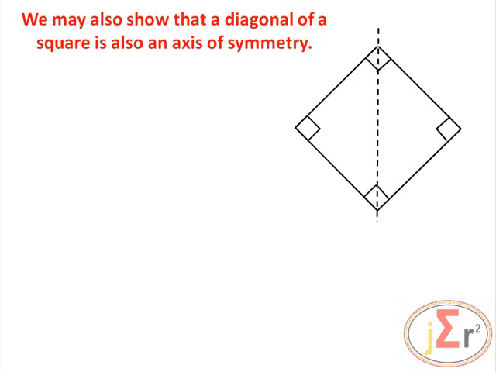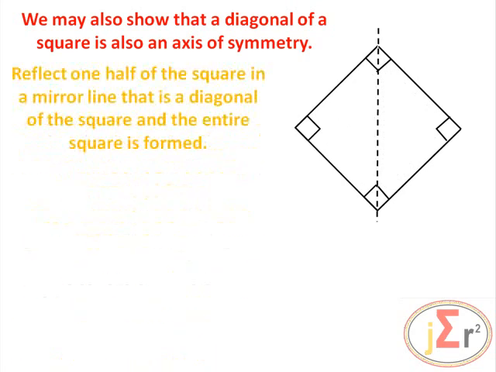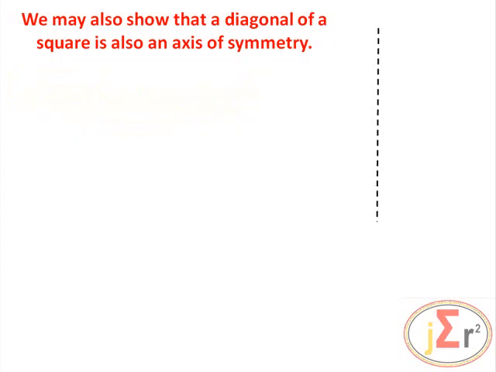Therefore, we have the diagonal to be an axis of symmetry. Reflect half of the square in a mirror line that is a diagonal of the square, and the entire square is formed. That's what we have done.